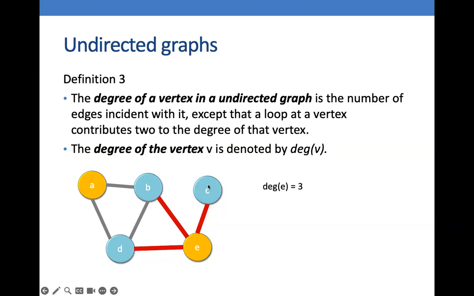How many vertices are adjacent to E? There are 3. These are B, C, and then D. And since they are adjacent, it means that there are 3 edges that are incident with this vertex E. So if we count this out, this equals 3. So we can then say that the degree of E is equal to 3.